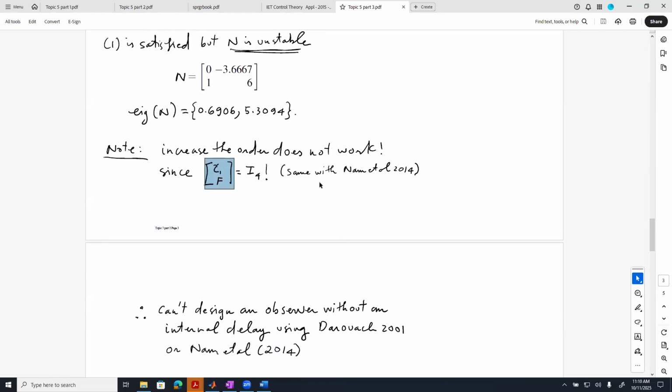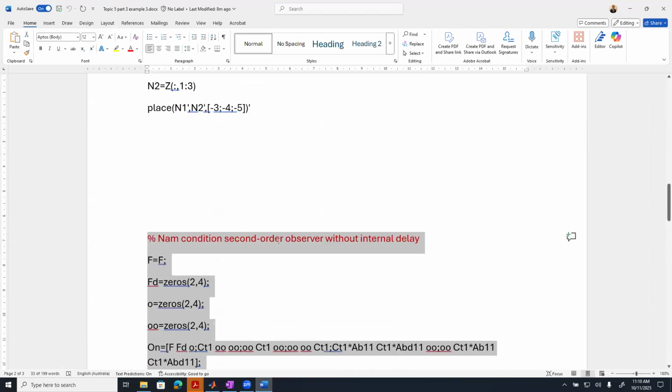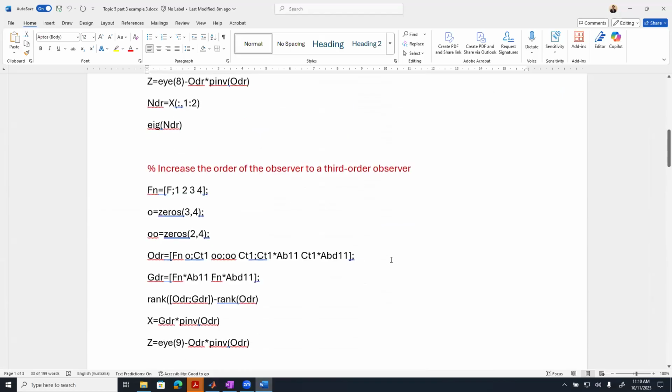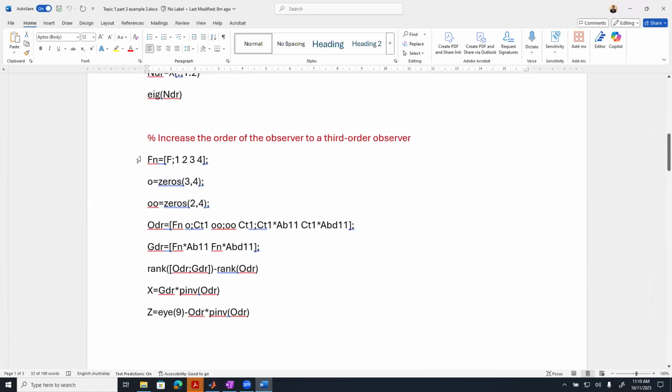And the same thing goes for the method by Nam as well. This is a very important point that we would like to mention here. This is just a demonstration to show that, because the matrix C tilde 1 and F is already a full rank matrix, adding an extra row is basically, we said that we add an extra row, so we increase the order of the desired observer from second to third order.